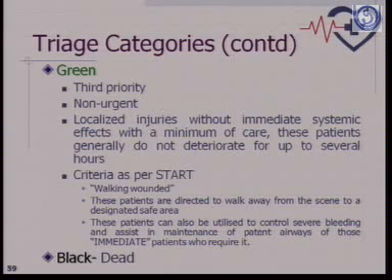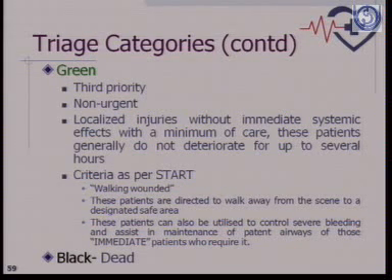Then we have the green category, which is third priority. In the armed forces we also call this the walking wounded type of casualty, who can go to the command post, what Dr. Das was mentioning. There they can take the treatment. You don't have to extract them from the site.